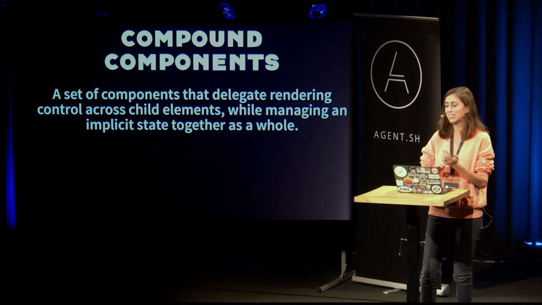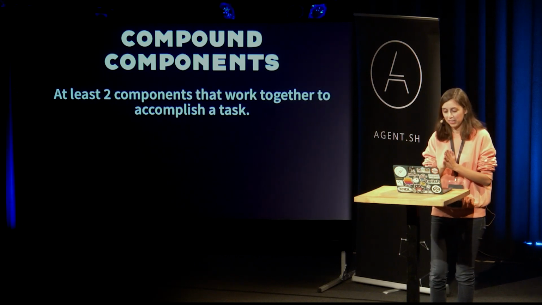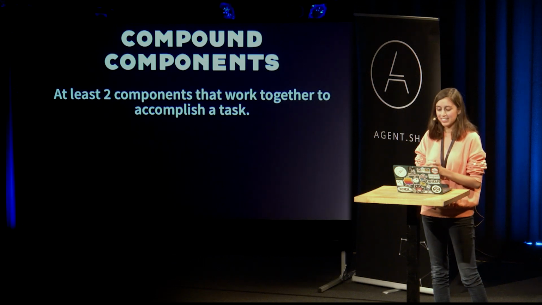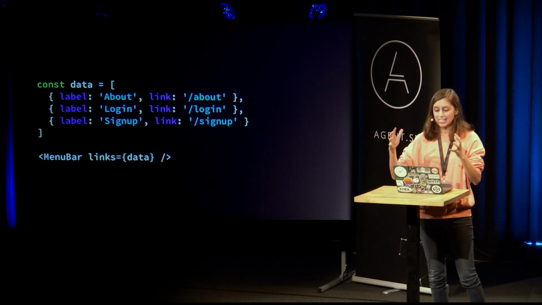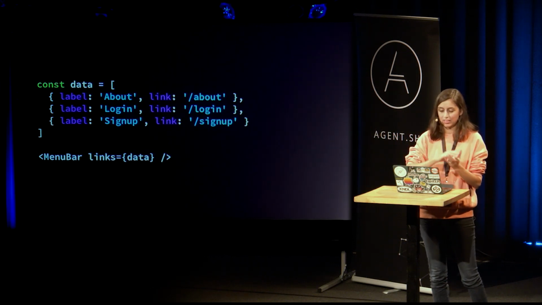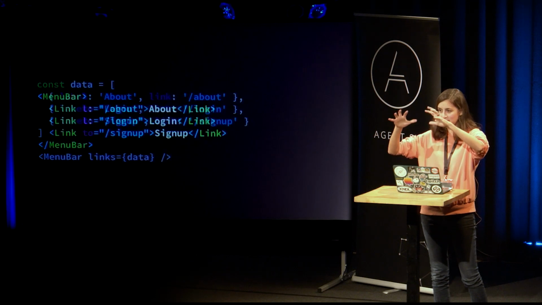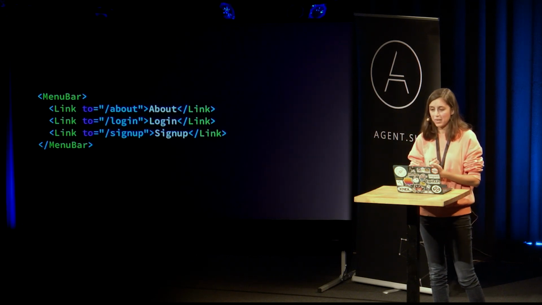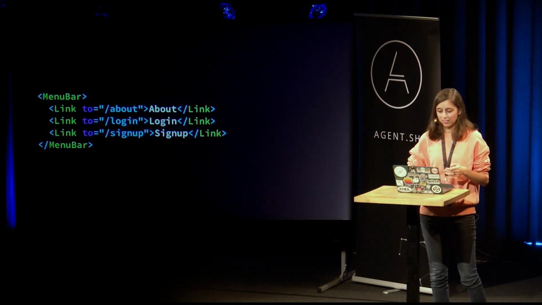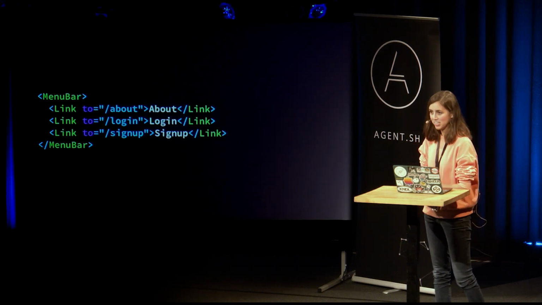And so for compound components, this is a definition I kind of patched together on the airplane on the way here, because I couldn't come up with a good one before: it's a set of components that delegate rendering control across a bunch of different elements, typically child elements, and meanwhile the entire compound component manages state as a whole. And that's a lot of fancy words. It also could be just two components that work together to accomplish a task.